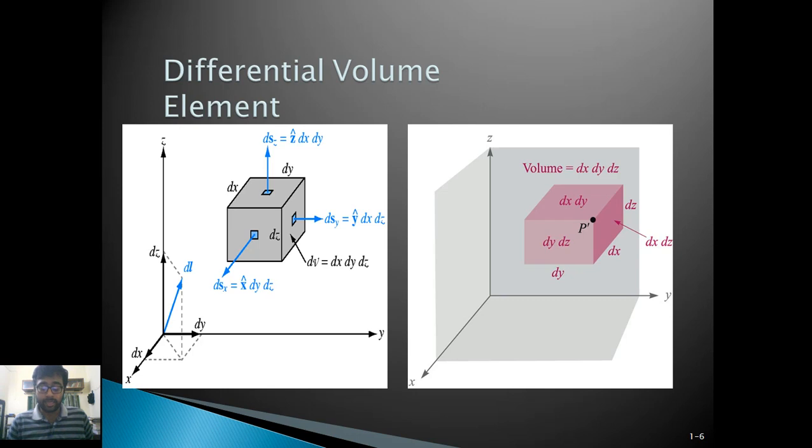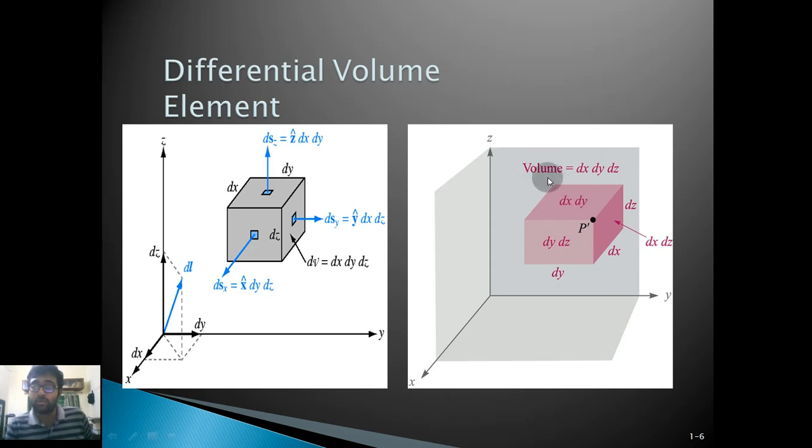Length is along the x-axis, height is along the z-axis, and width is along the y-axis. If we multiply these three quantities, we get the volume of this very small cube.